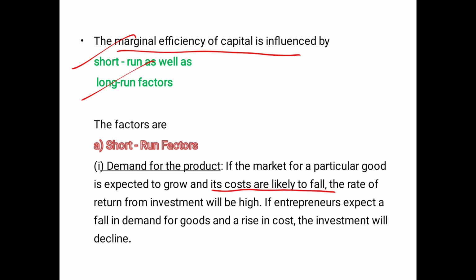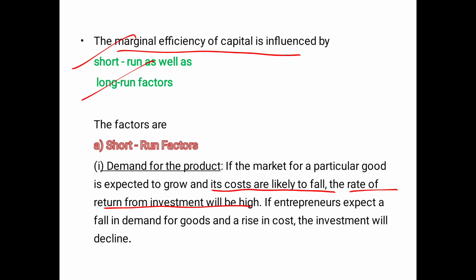For example, for e-vehicles, the market is expected to grow. What will happen? The cost will automatically fall because we have started increasing the production. So the rate of returns from investment will be a little bit high.